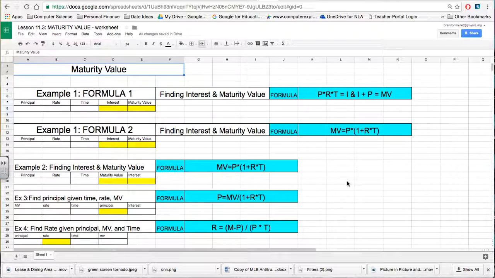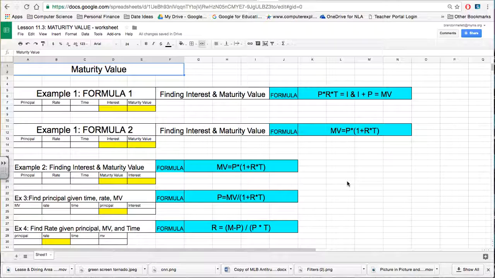So in lesson 11.3, what we're learning about is called the maturity value. This is taking the principal, which is the amount that has been loaned, plus the interest that is accumulated over the entire time of the loan, and adding them together to get the maturity value.